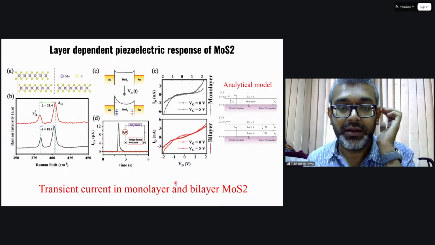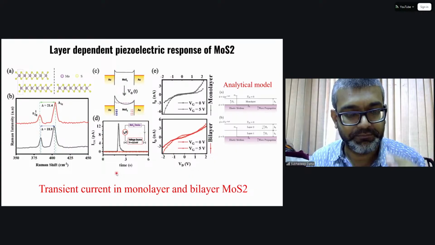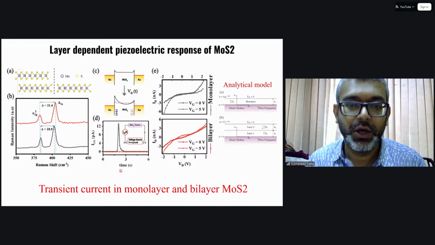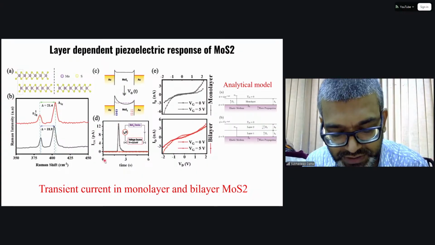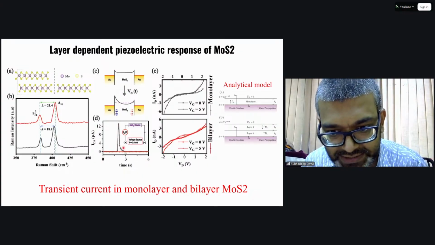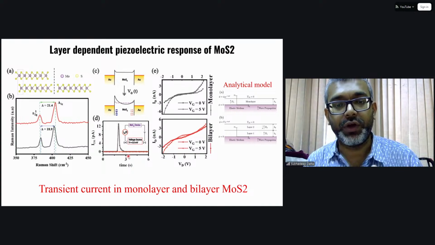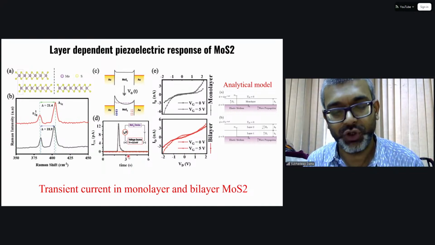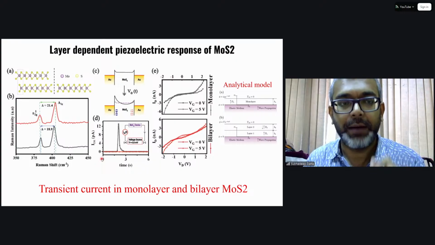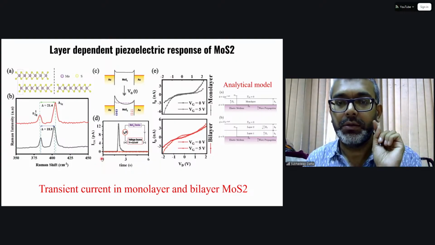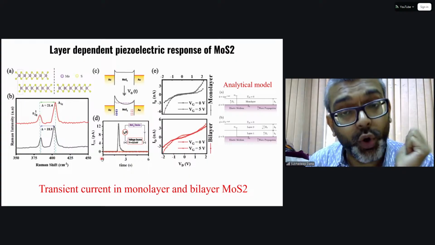For monolayer, whenever we hit the surface, we can get the transients, as you can see here, I source drain with time. So we can get the transients, and whenever we have a bilayer MoS2, we get a flat line. So this is coming purely from the monolayer MoS2.